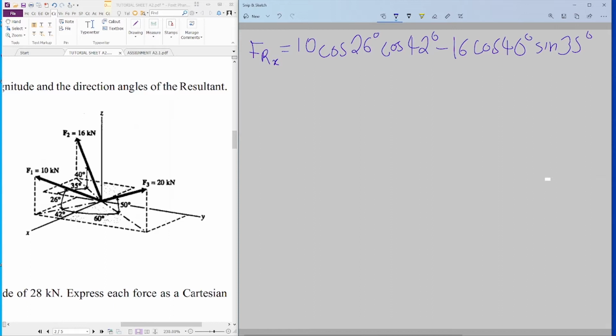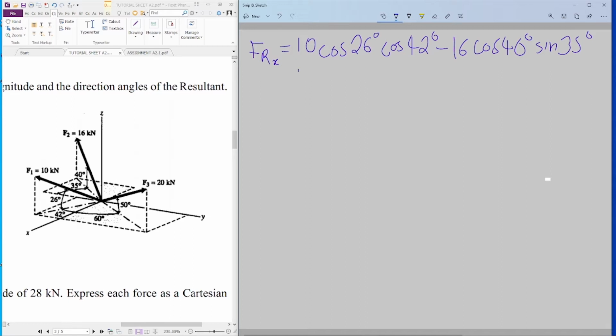Okay, and then for F3, because all these we are summing are the X components, the X component will be F3 cos 50 and then again cos 60.